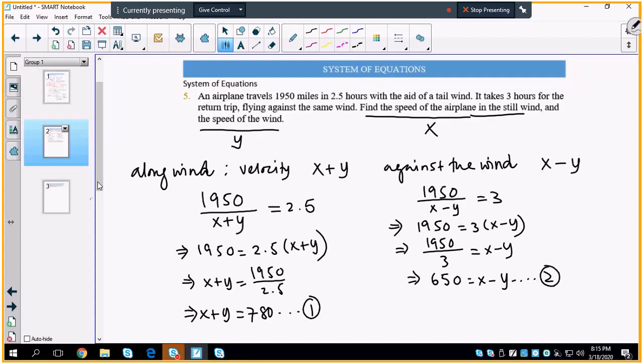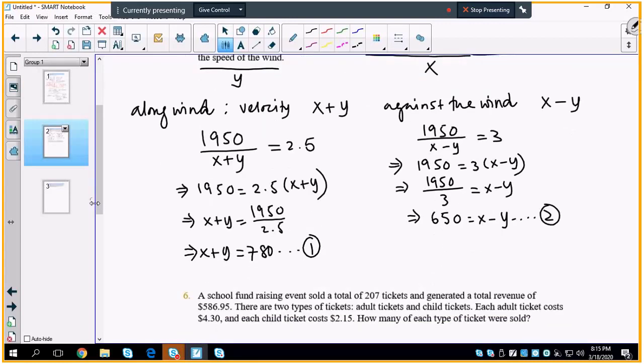So I have a system of equations. Since y has the same coefficient with different sign, I go ahead and add 1 and 2. That will eliminate y. So x plus y is equal to, in the first one, 780.